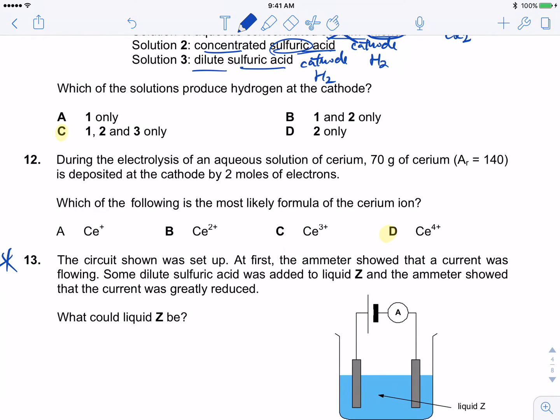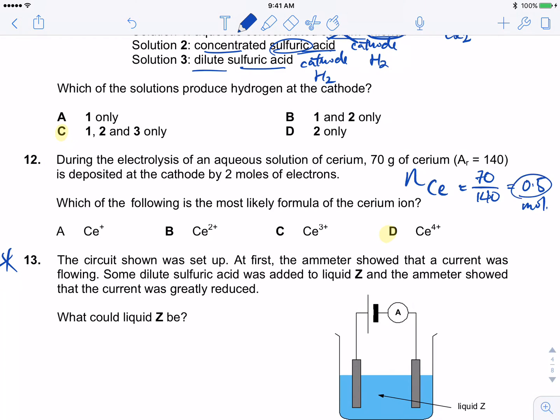Question 12. During the electrolysis of an aqueous solution of cerium, 70 grams of cerium is deposited at the cathode by 2 moles of electrons. Which of the following is the most likely formula of cerium ions? So you need to do some calculation. 70 grams of cerium. The number of moles of cerium is 70 over 140, mass over Mr, which gives you 0.5.